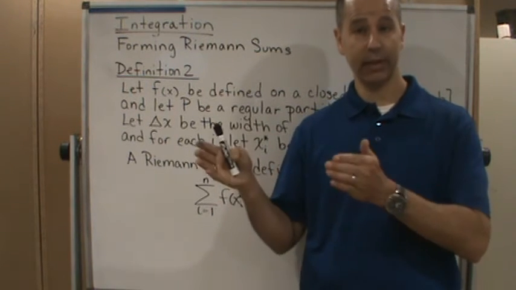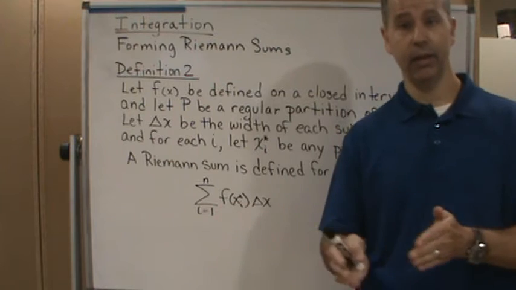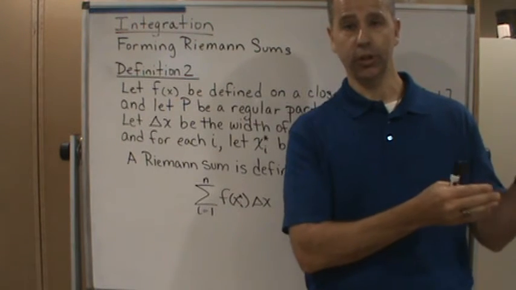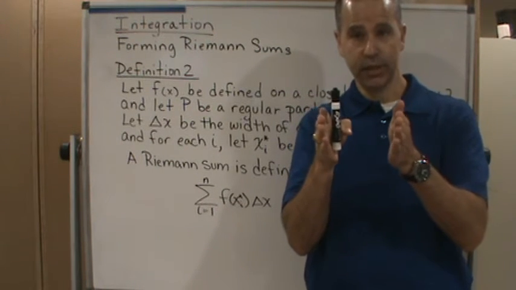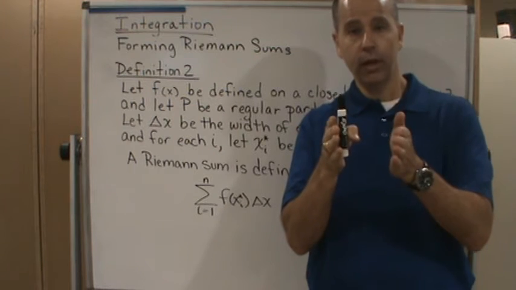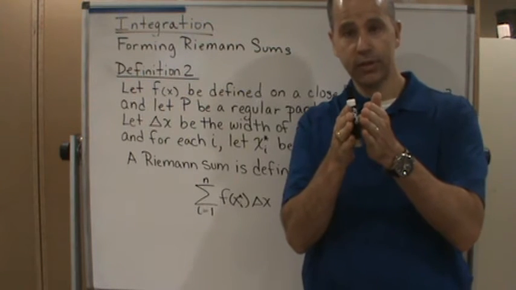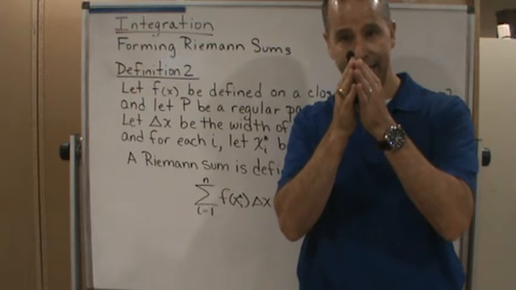Because what we're going to do is let n get larger and larger. So what's happening? These subintervals are getting smaller and smaller, until we're at a single point.